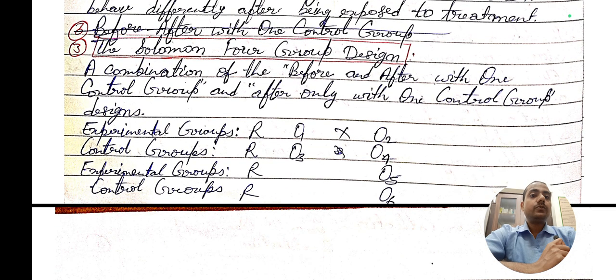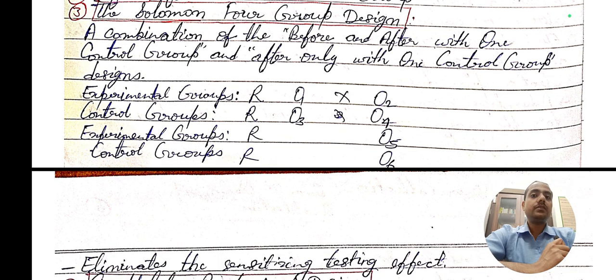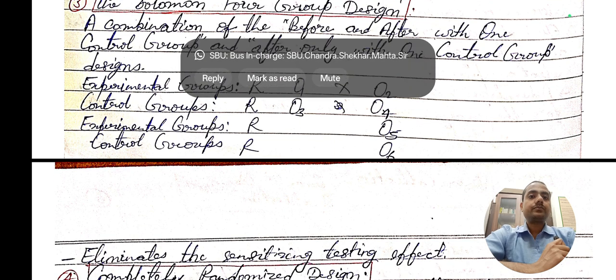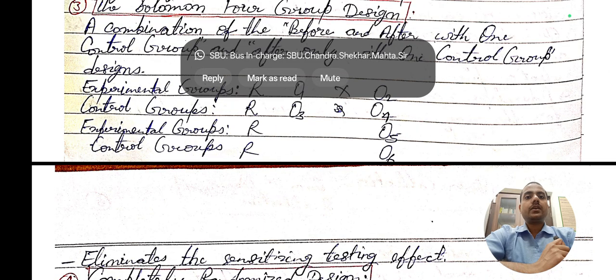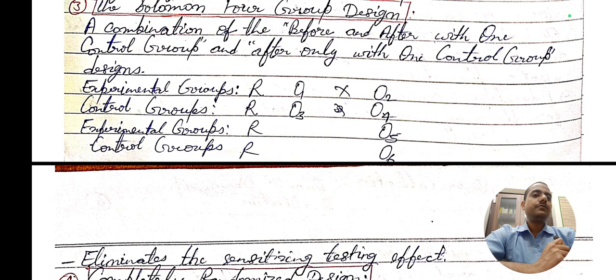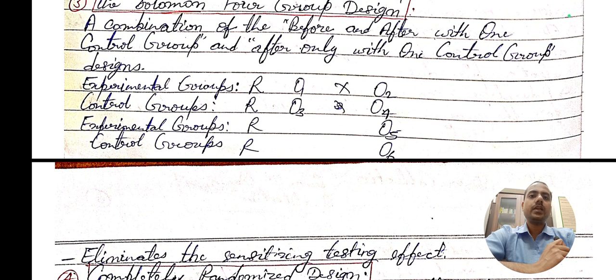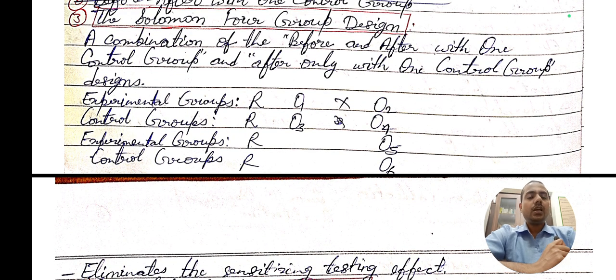Third is the Solomon 4 group design. What happens in this design? It is a combination of the before-after with one control group and the after-only with one control group designs. Here we use 4 groups. First is the experimental group: we take the observation, then provide the treatment, and then observe again.